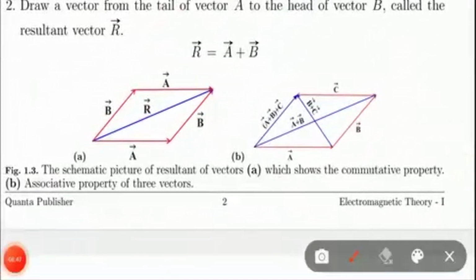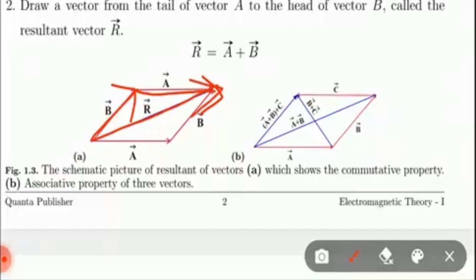So we can add them in the reverse order. We can choose vector B as a first vector. Here in this diagram, you will see that if we choose the vector B as a first vector, then we can attach the tail of vector A with the head of vector B. And now we can attach the tail of first vector with the head of the second vector. Here in this diagram, you will see the blue vector that represents the resultant vector.